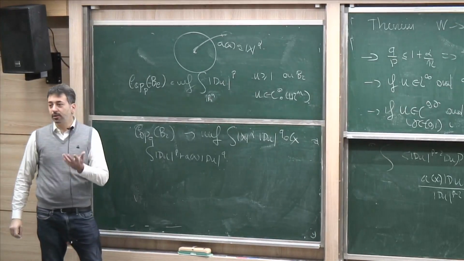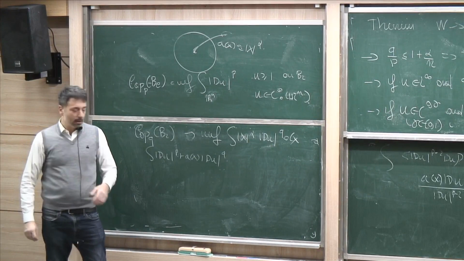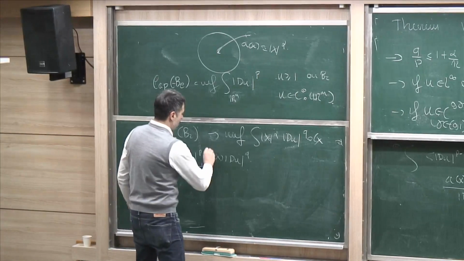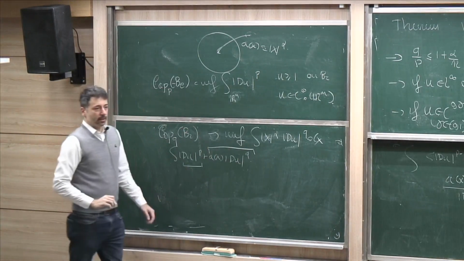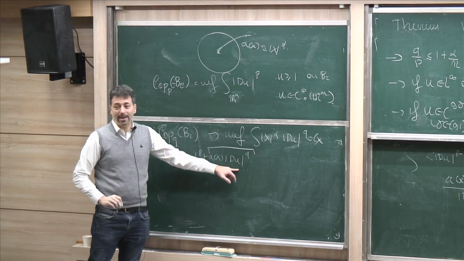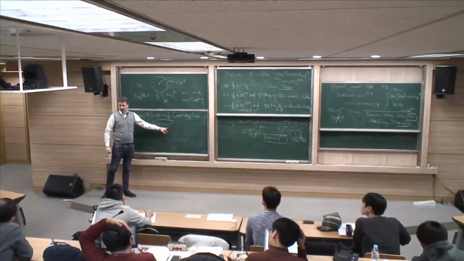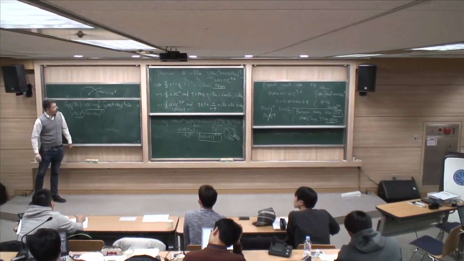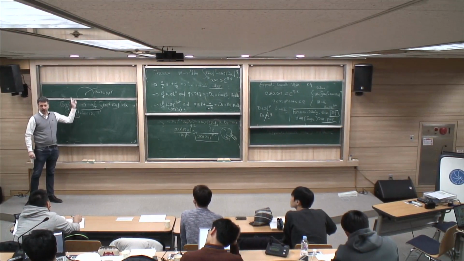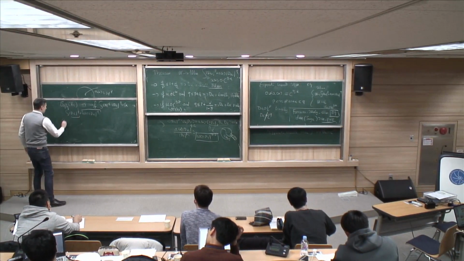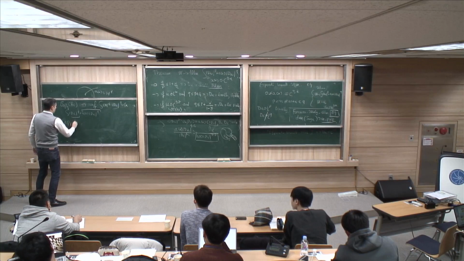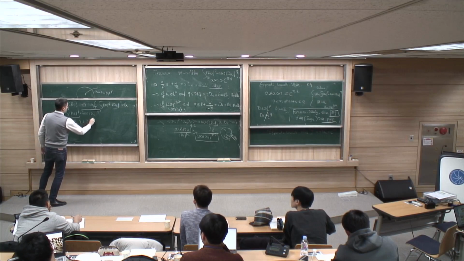You have a priori two energies. This one and this one. A priori, this is the higher order energy. But let's see what is the contribution of this and of this in such a situation. The p capacity of a ball is well known to go as r to the n minus p.